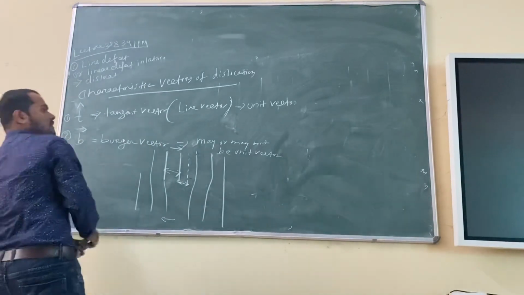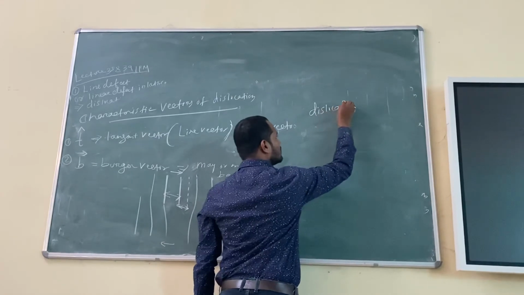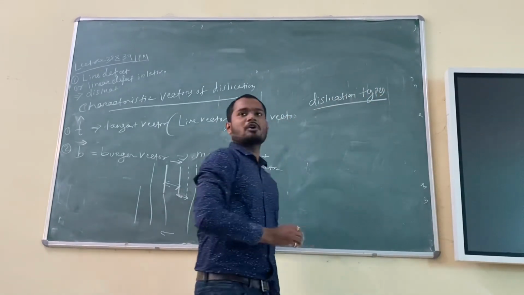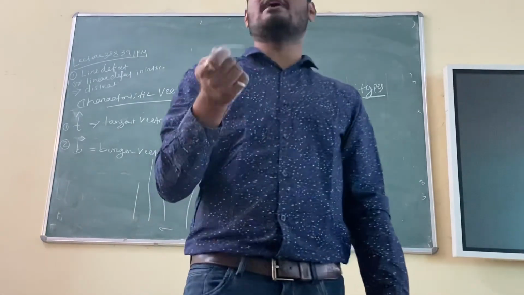That is, you can say dislocation types. You can write this now. Dislocation types. Types of dislocations. So how we can say which type of dislocation I have?